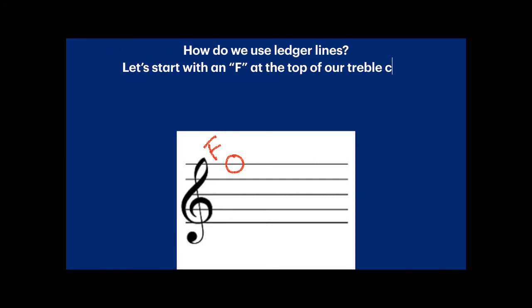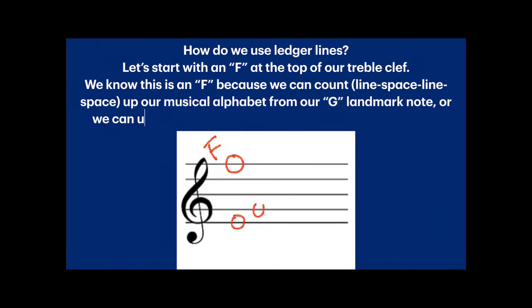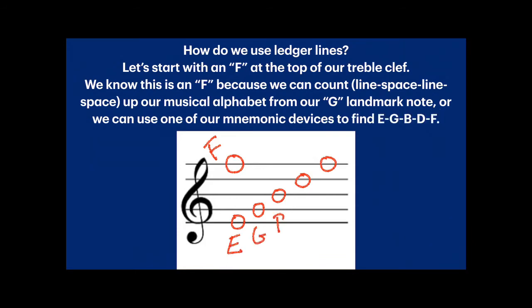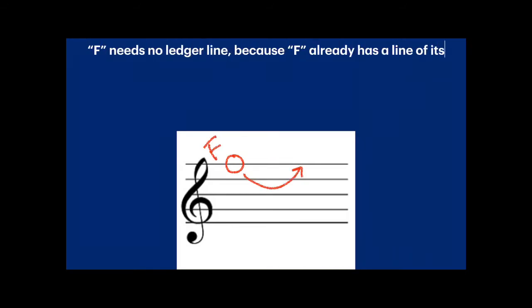Let's start with an F at the top of our treble clef. We know this is an F because we can count line, space, up our musical alphabet from our G landmark note, or we can use one of our mnemonic devices to find E, G, B, D, and F. F needs no ledger line because F already has a line of its own at the top of the staff.